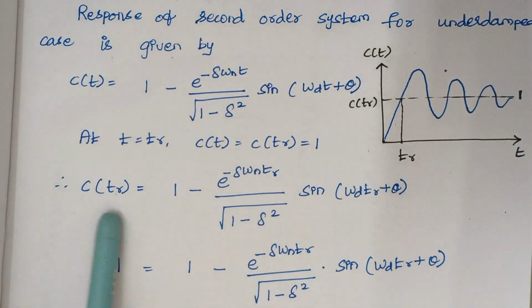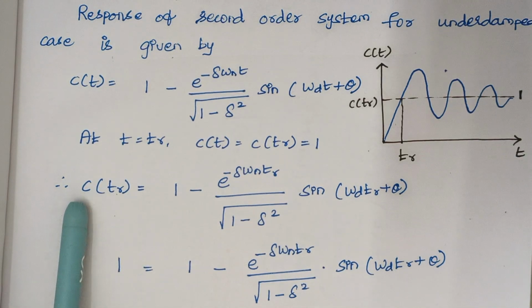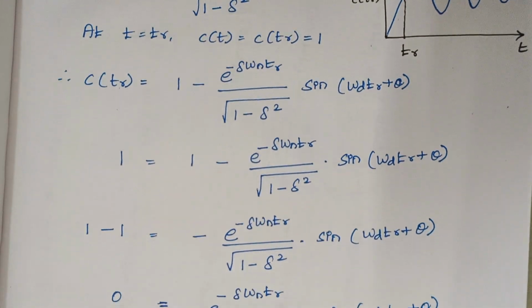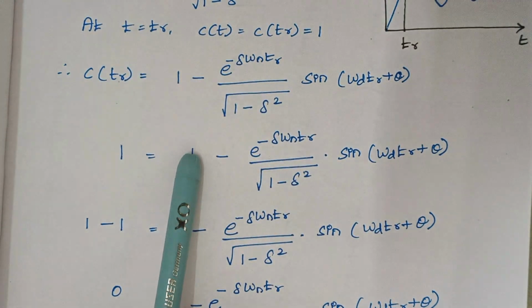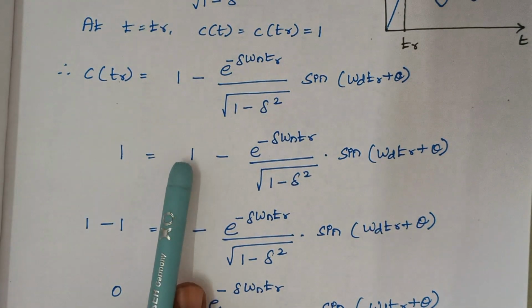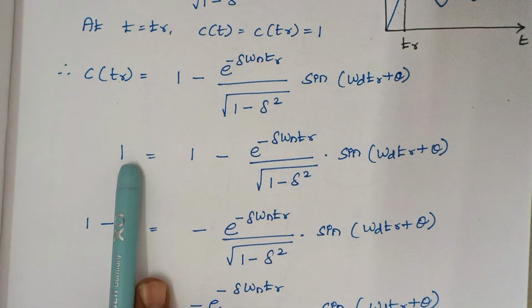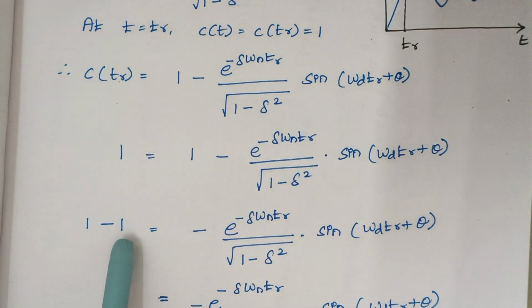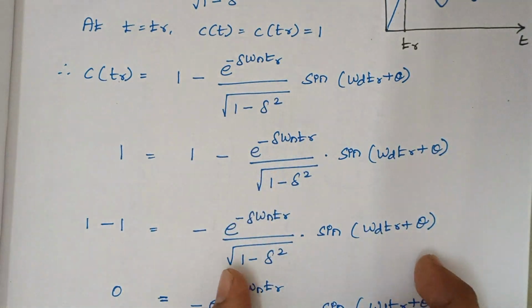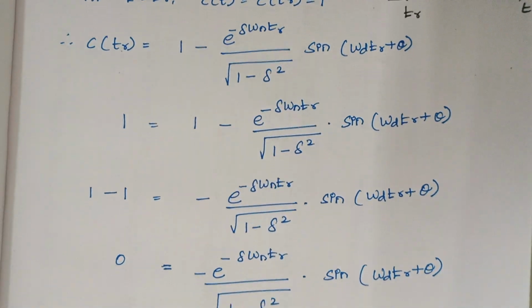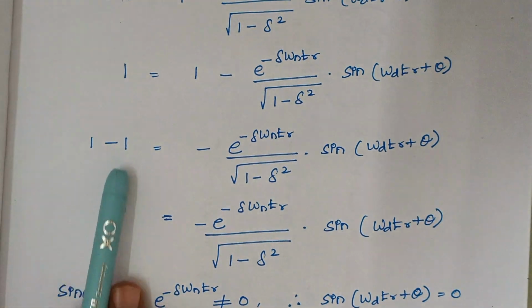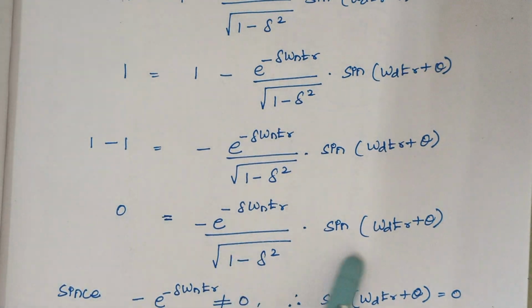So now in this equation, replace C of TR by 1. Then the next step is, when you move this 1 to the left hand side, this plus 1 will become minus 1. So 1 minus 1 is equal to the remaining terms, which remain as such. And the next thing is, 1 minus 1 becomes 0 and the right hand side terms remain as such.